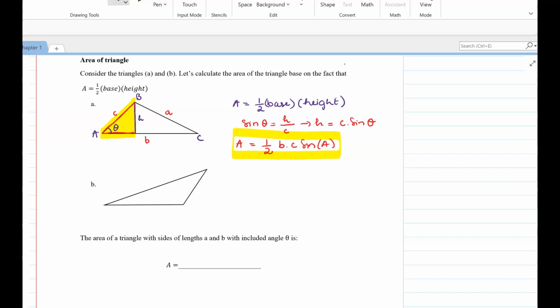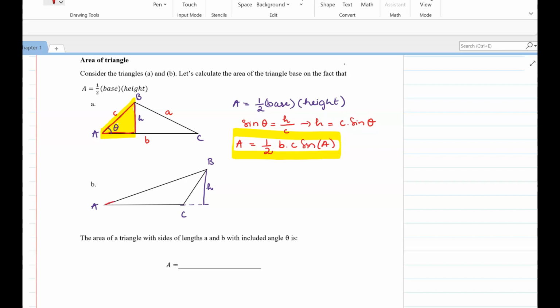Let's say this is the same for the obtuse triangle. In the obtuse triangle ABC, the height of this triangle is this one.